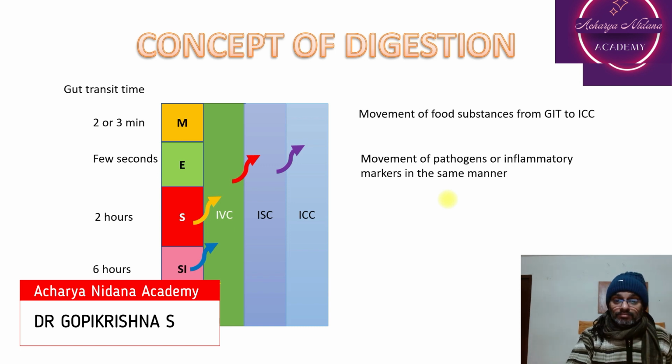From there they are responsible for the production of proteins. These inflammatory markers enter the intravascular compartment, and as they are macromolecules, they bypass portal circulation and enter via lymphatic circulation into the heart.